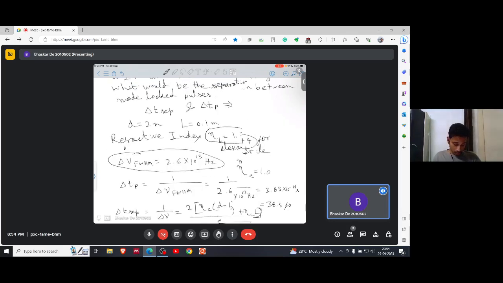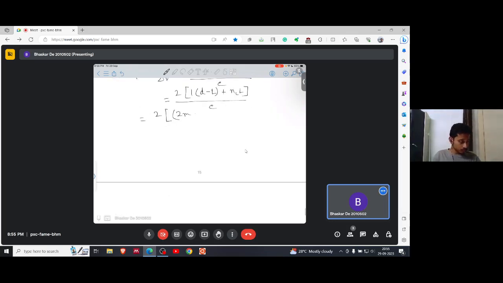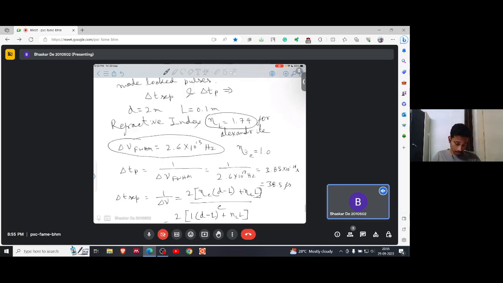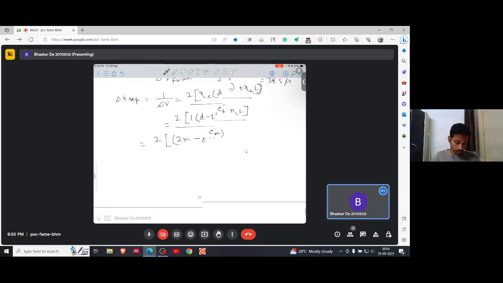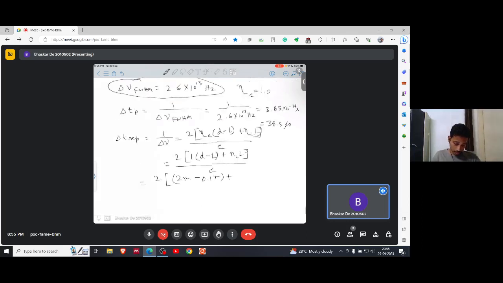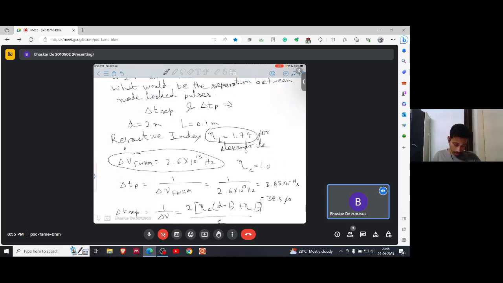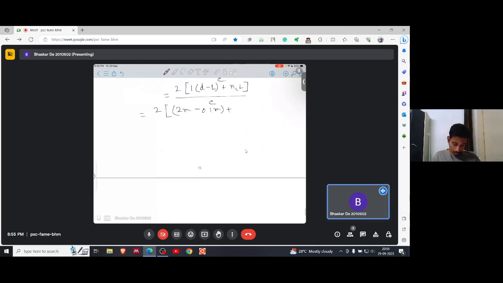Then I'll just put all the values. D is basically 2 meter, then L is 0.1 meter, plus eta L is 1.74, and then we have 0.1.